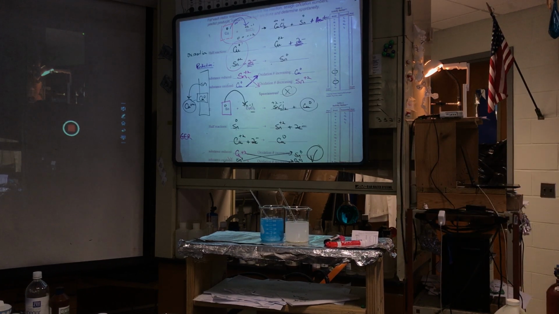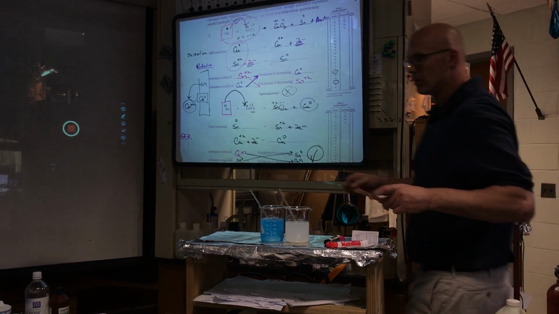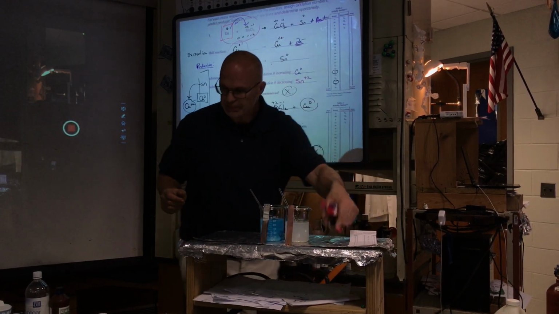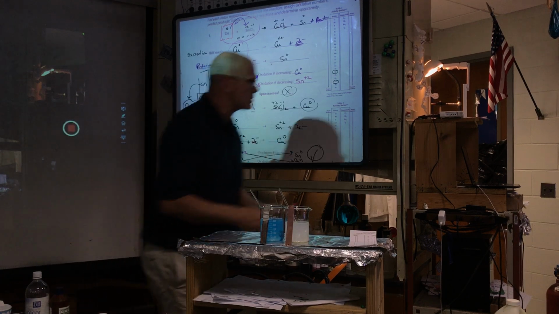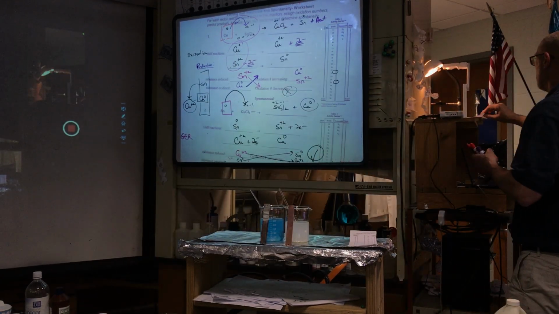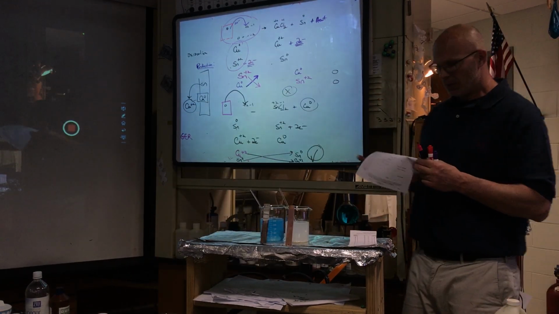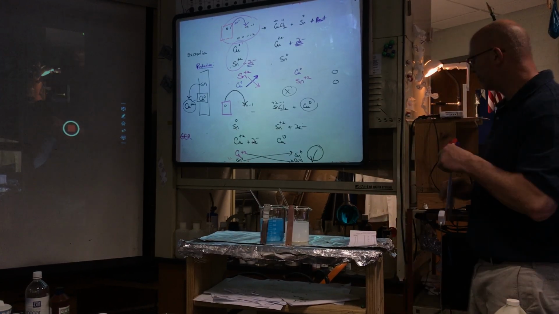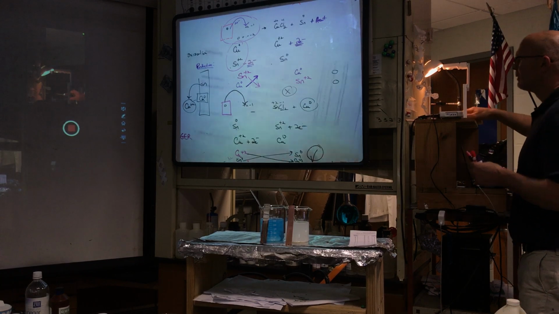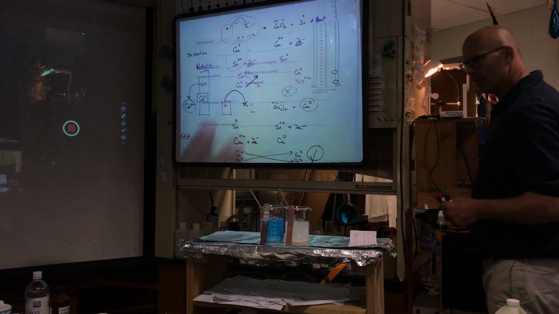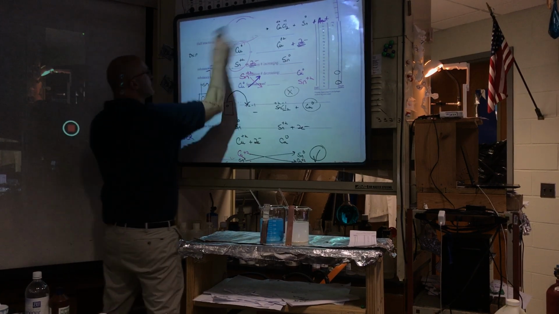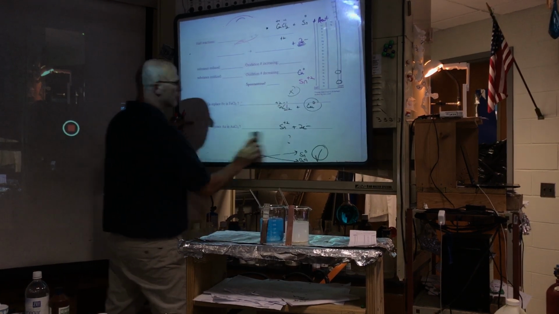All right, now let's continue this worksheet. Let's go to the bottom. Can tin replace iron in iron chloride? Think about what we just talked about. These are all Regents questions, by the way.